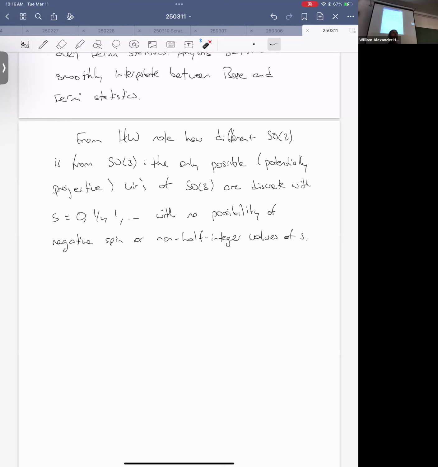Bargmann's theorem tells you when you have intrinsic projective representations, and that was, I want to say, the 50s. Even further back, you'd have to go to Wigner's theorem.